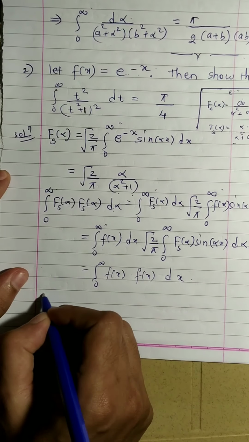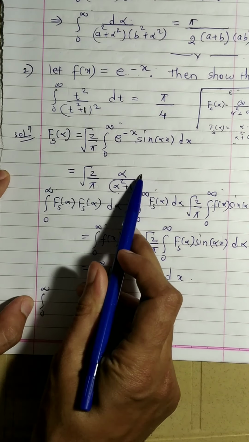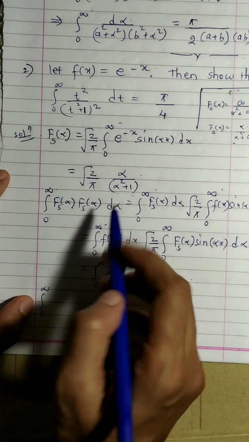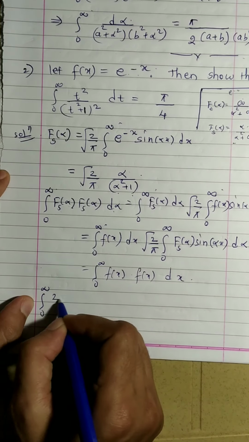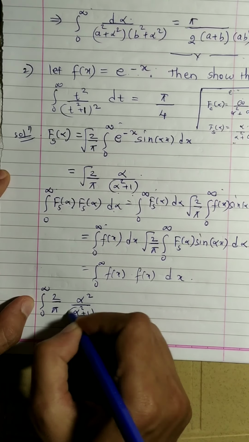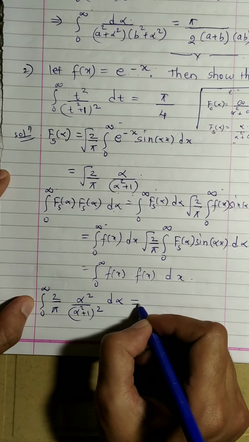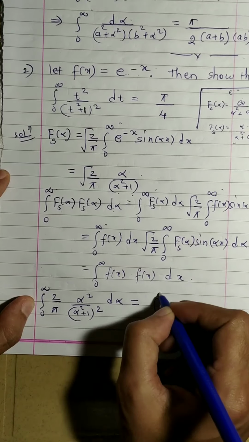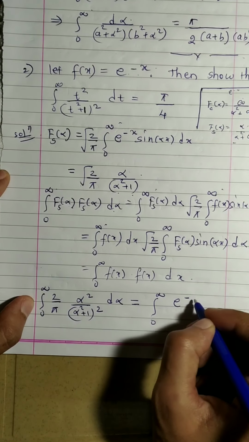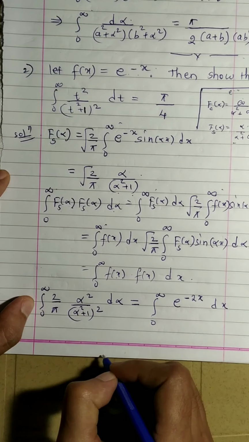So if I substitute here, the integral from 0 to infinity of 2 by pi, alpha square upon alpha square plus 1 the whole square d alpha, equals the integral from 0 to infinity of e raised to minus 2x dx.